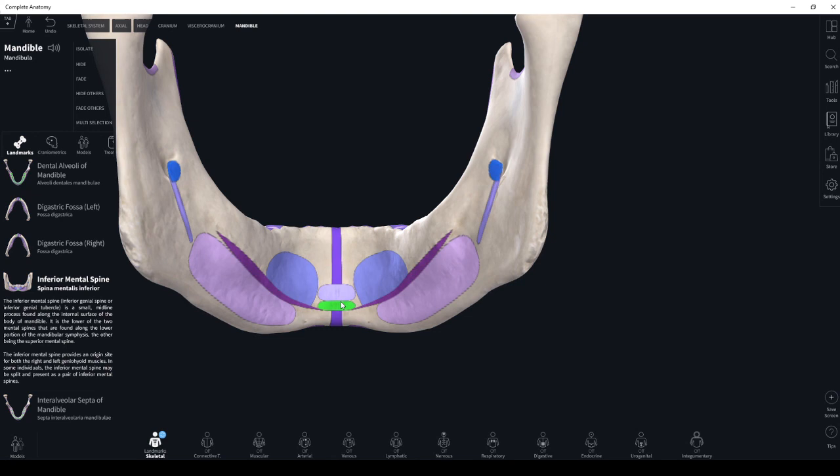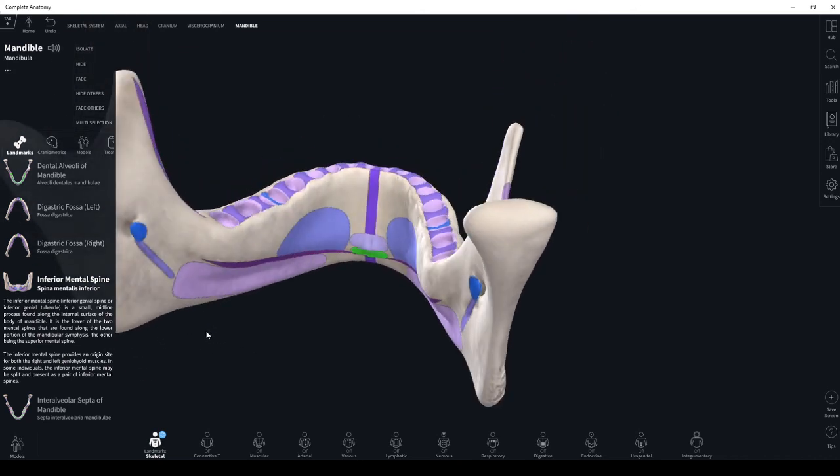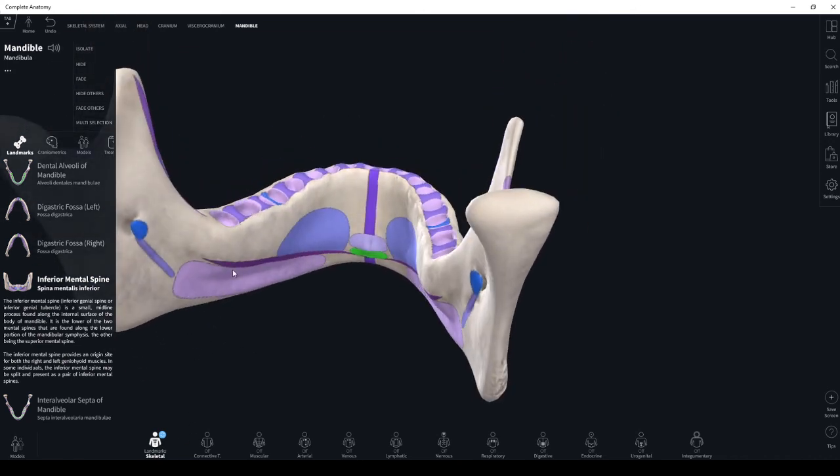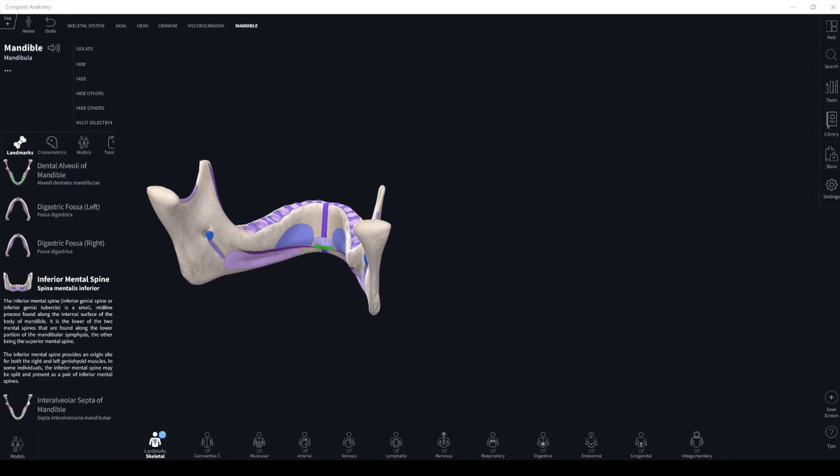All these features are individual. It is a site of origin of muscles, ligaments, and some fasciae which form the diaphragm of the mouth. Okay. That was the two bones of the facial cranium, maxilla and mandible.